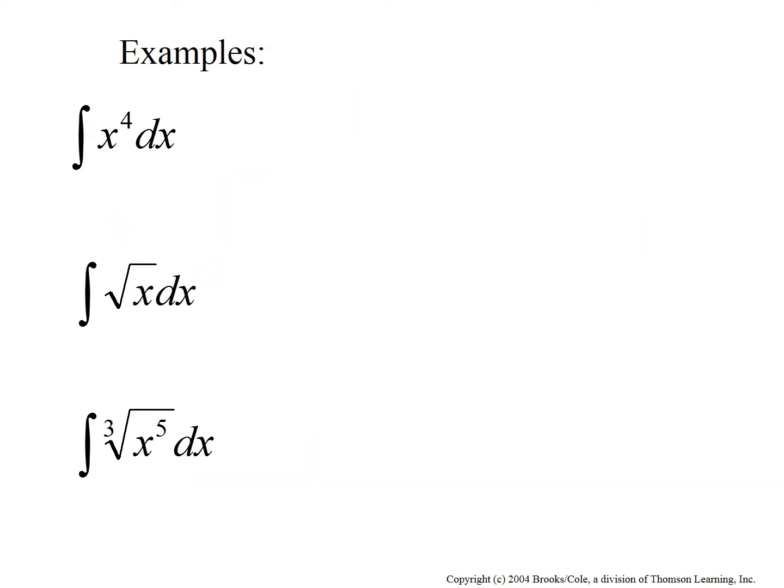Let's try some examples. So we have x to the 4th dx. We're going to use the power rule. So we start by adding 1 to the exponent, 4 plus 1, and then dividing by 4 plus 1. For the next example, remember that we can write the square root of x as x to the 1/2.